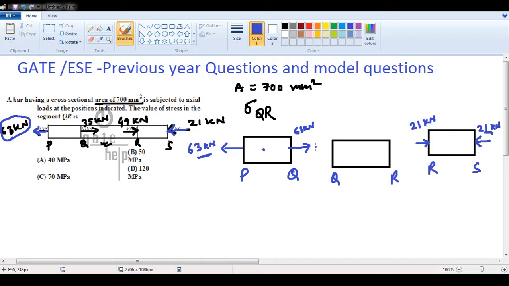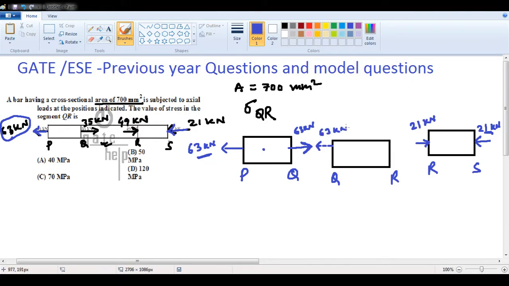Now, as per that, we have to take the 35 and 49 kilonewton. Before taking these, just see section PQ, how it is going. This is tensile. So from the border Q, from the other section, there will be an opposite reaction, the same 63 kilonewton.